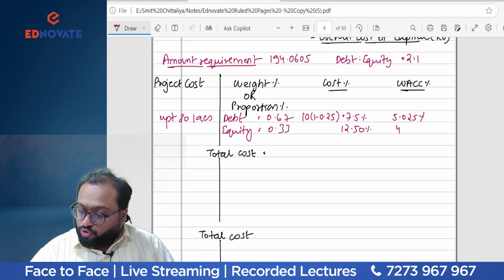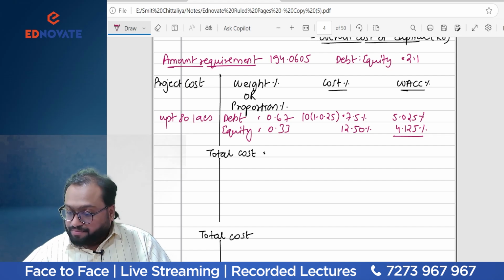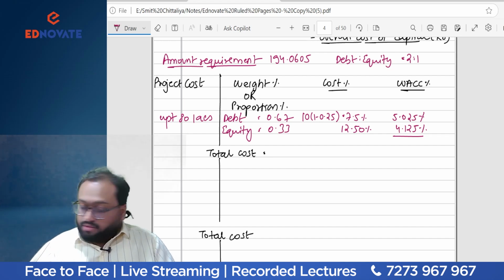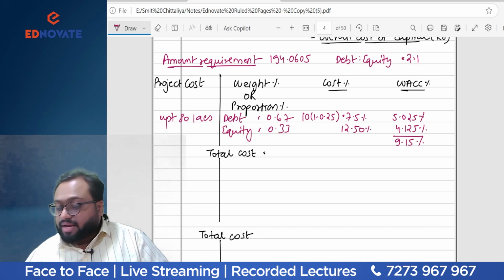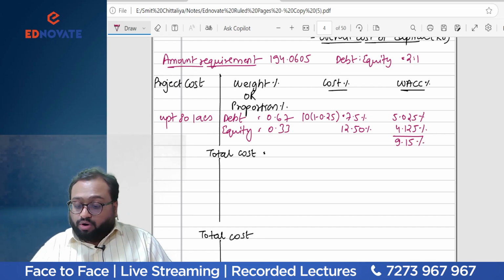It will be 4.125%. Total will come to 9.15%. Am I right? If it is coming to 9.15%, now what we'll do?